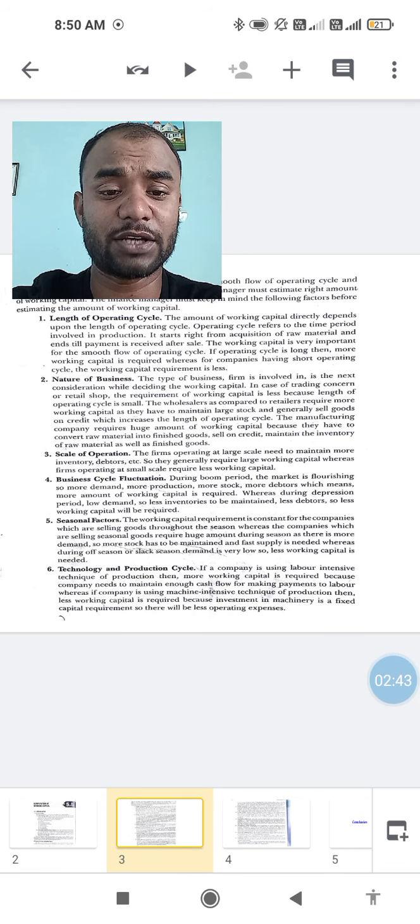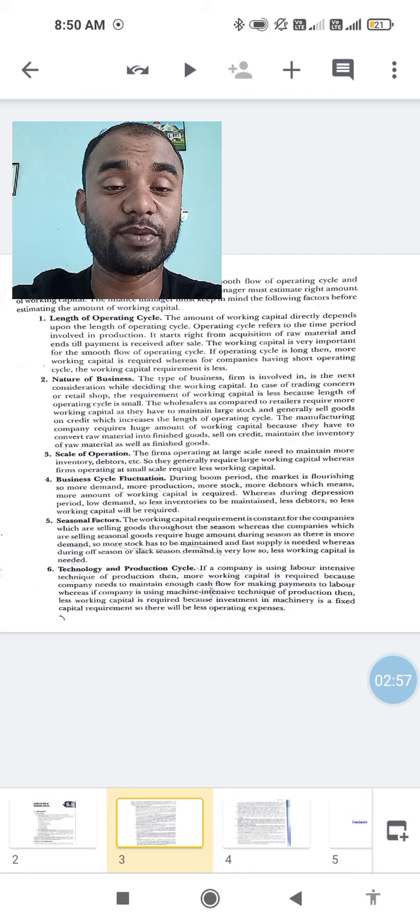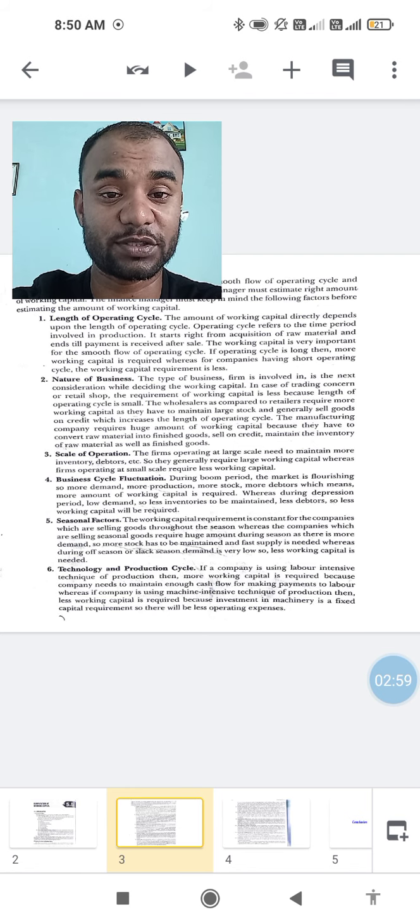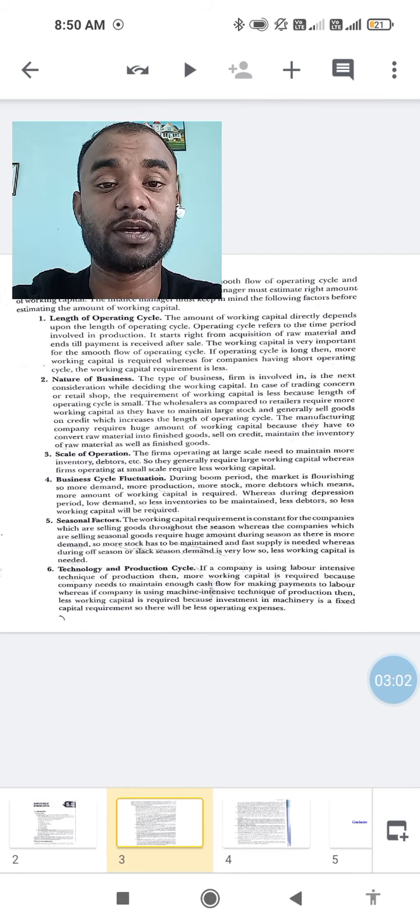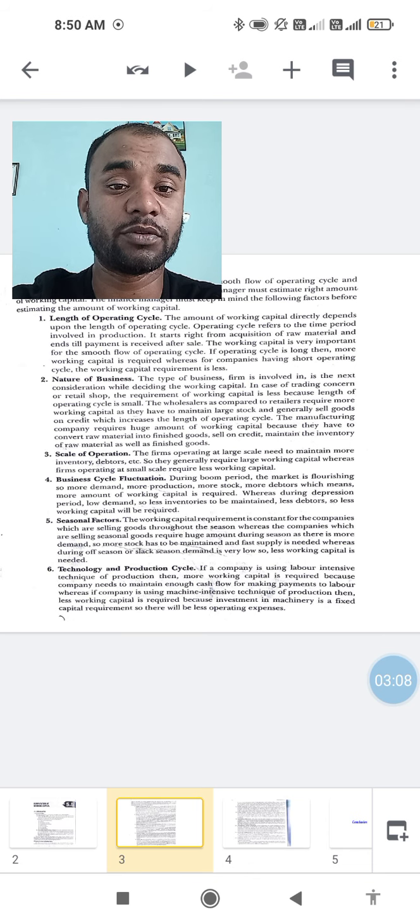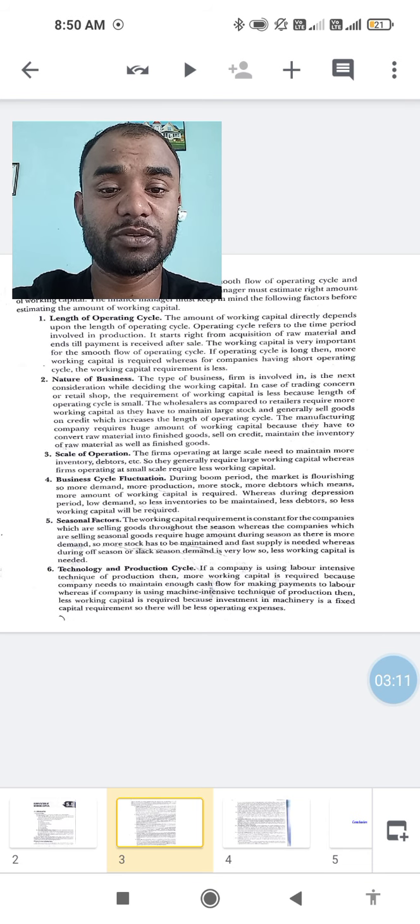Next, seasonal fluctuation. Now this is very common. There is a season of the market also. Suppose the clothing industry, taking the example of Nagaland, in the month of December or November, there is lots of rush for clothes, or during October, Durga Puja and all this festival season. People go for family shopping, so the demand for clothes really increases, and many people are rushing into the market.